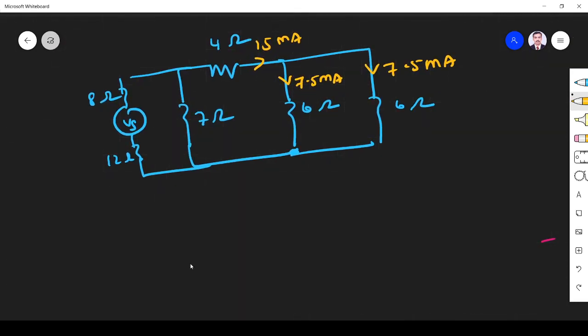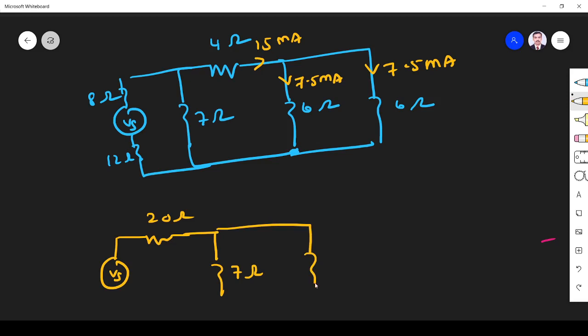Next, what do I have to do? I simplify this circuit and find the equivalent circuit. This 12 and 8, I write as 20 ohm. This is 7 ohm. For 6 and 6, two equal resistances in parallel, the total resistance is half of the single, so 3. This is 4. 4 plus 3 is 7 ohm.